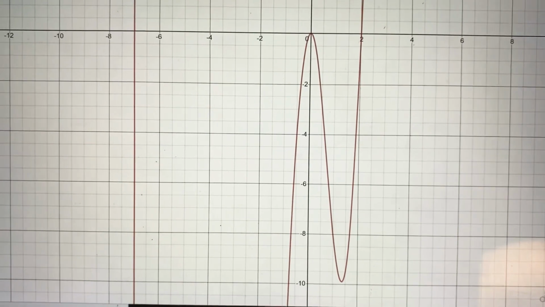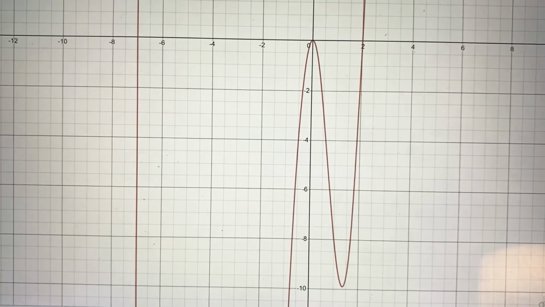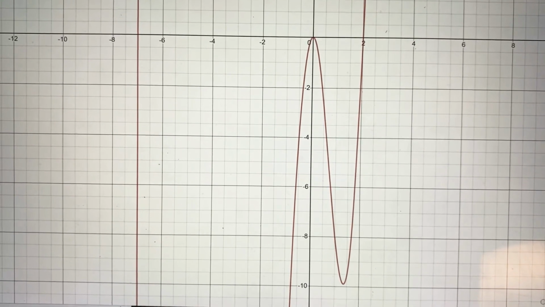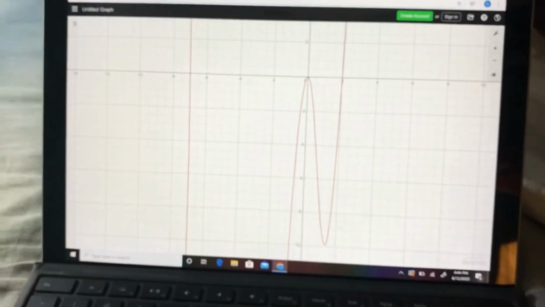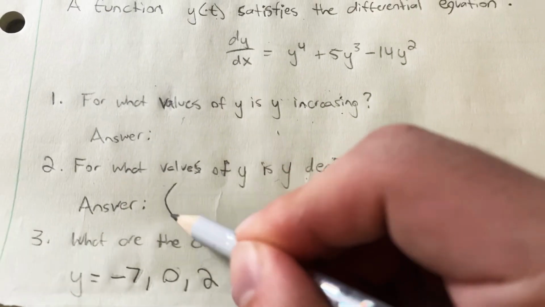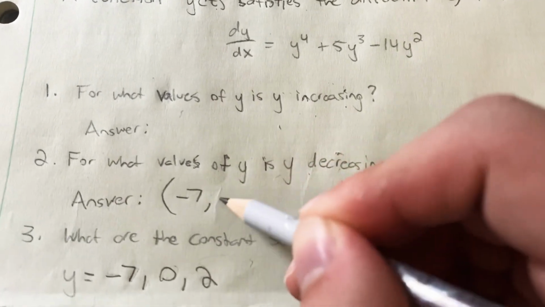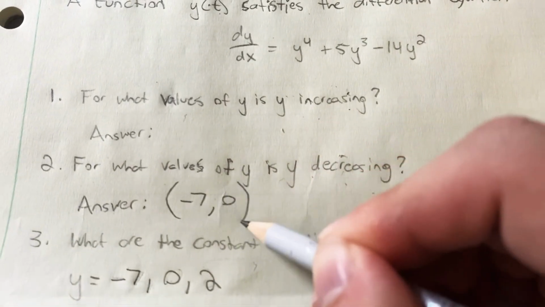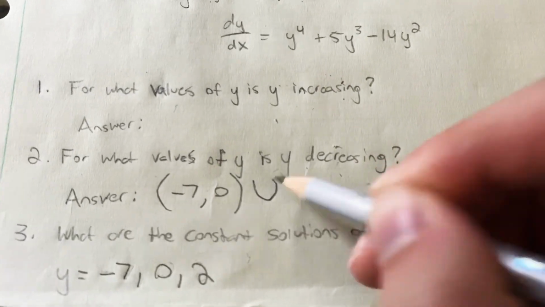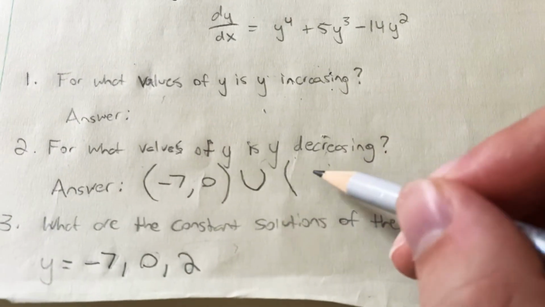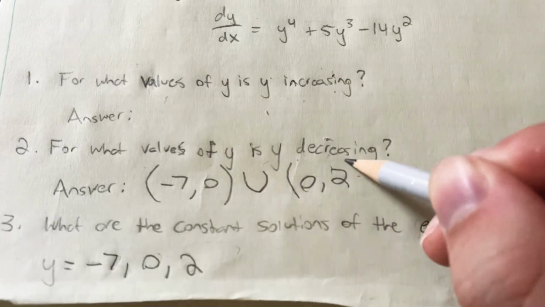So what we're going to write here is negative 7 to 0, this is interval notation, union 0 to 2. And that's for our decreasing.